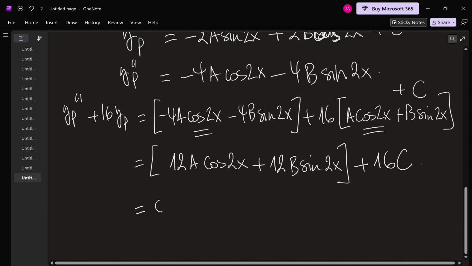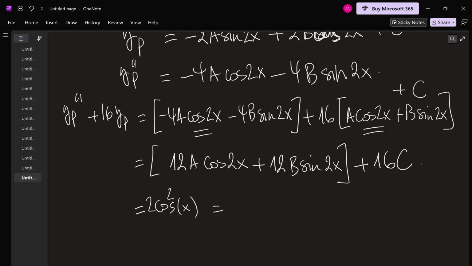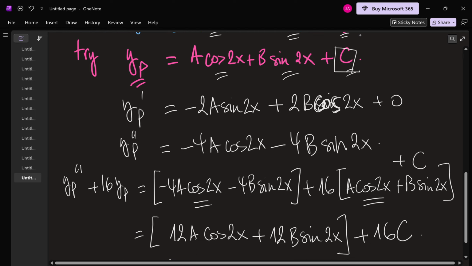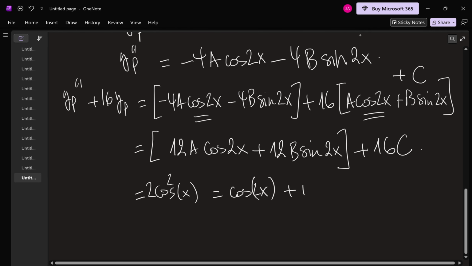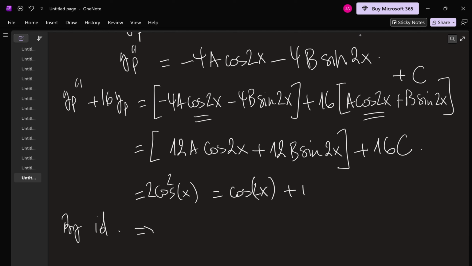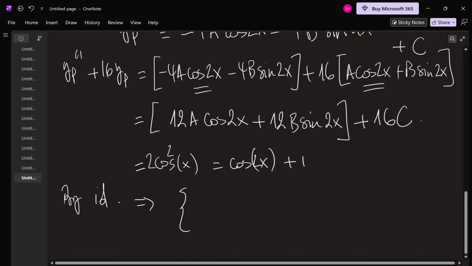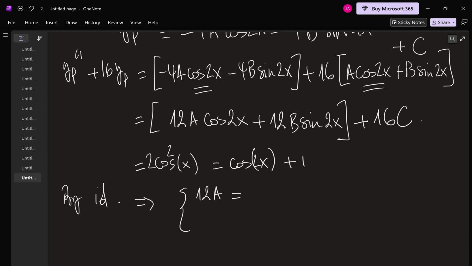So by identification we must get the following system of equations. So 12a should be equal to this guy, so it is 1. Now do we have sine here?